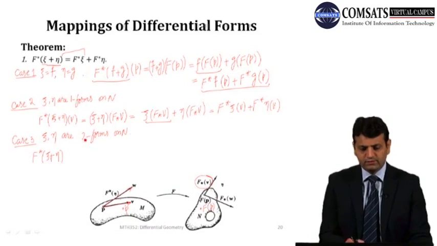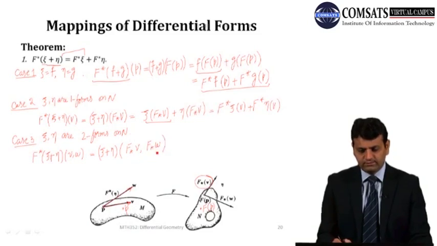So if xi and eta are two forms, then the pullback of xi plus eta is also going to be a two form. So let's check its image on a pair of tangent vectors to M. So this is equal to xi plus eta of F lower star of v, which is the image of this vector v under the tangent map, and F lower star of w, which is the image of w under the tangent map.